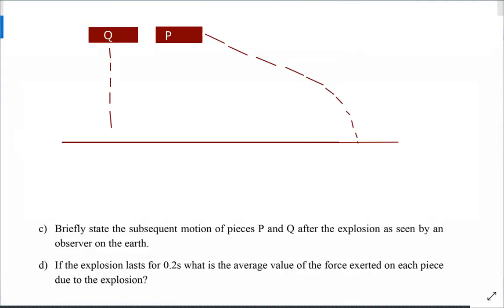So what's the answer? Q falls freely under the gravity along a vertical straight line path. P will move along a curved path similar to a projectile. Something like this.